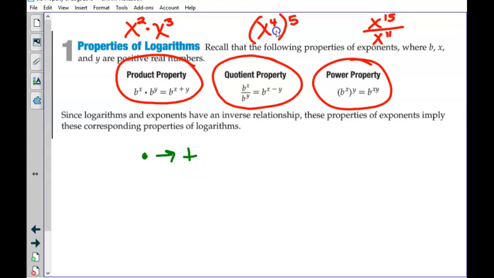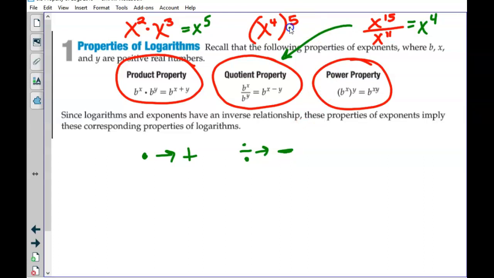Okay, these aren't above the right ones, okay? This goes with this. The quotient property said when you were set up as a divide, what did you actually do with those exponents, guys? This became x to the 5th. This became x to the 4th. You would subtract, right? Remember this?